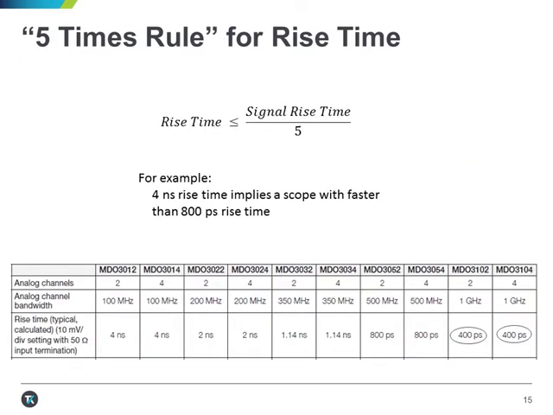So higher bandwidth oscilloscopes will be able to more accurately display faster rise times. Just as with bandwidth, we have to account for the roll-off characteristics. Again, we use a rule of 5 as shown on this slide. As an example, to look at a 4 nanosecond rise time, we would need a scope with a rise time 5 times faster than 4 nanoseconds, or, in other words, 800 picoseconds or less.